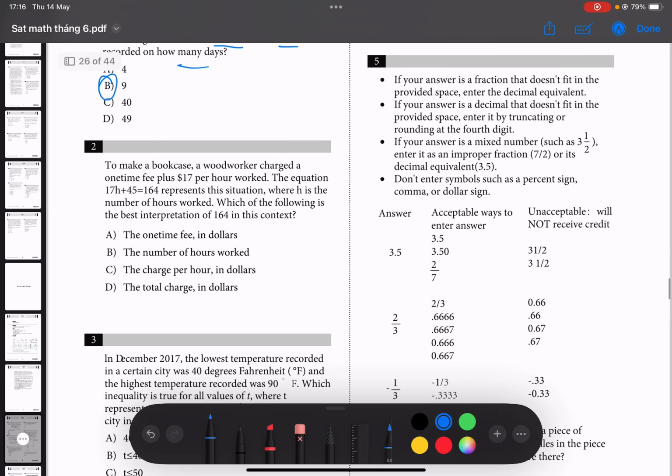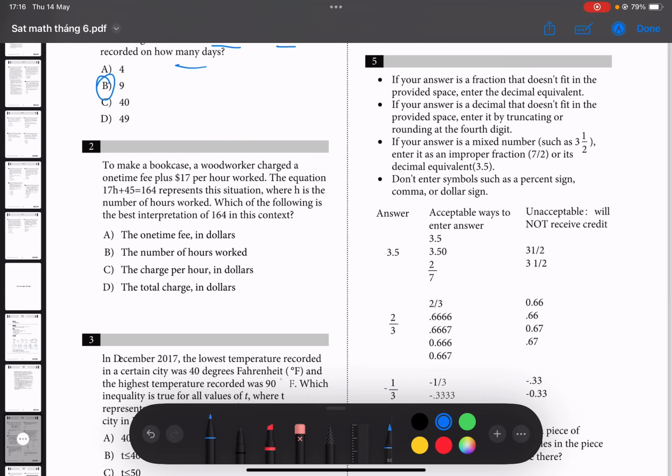Next, to make a bookcase, a woodworker charges a one-time fee plus $17 per hour worked. The equation 17h + 45 = 164 represents this situation, where h is the number of hours worked.